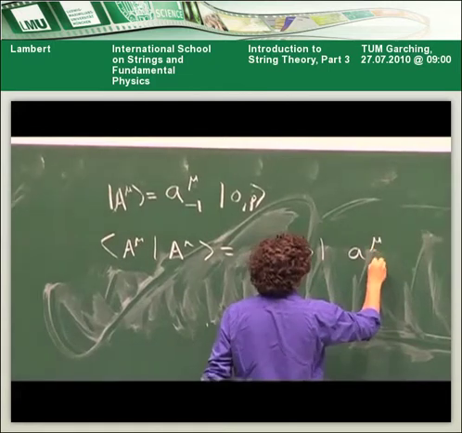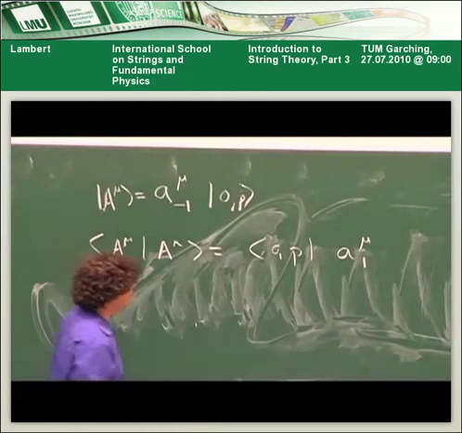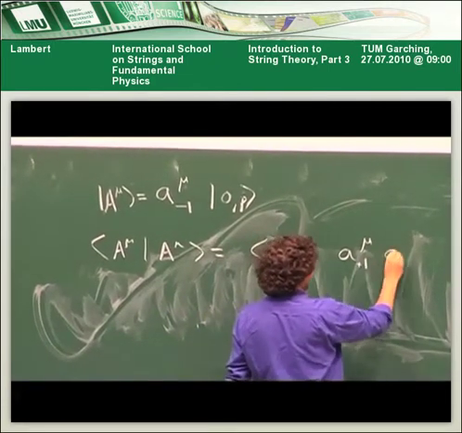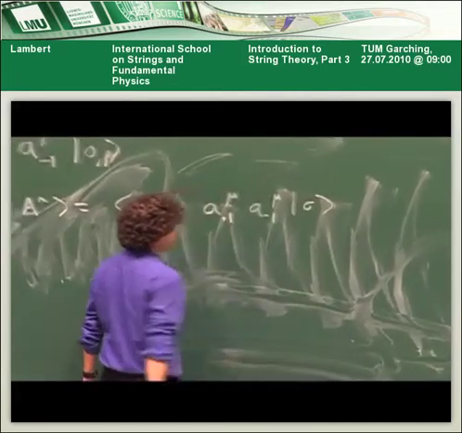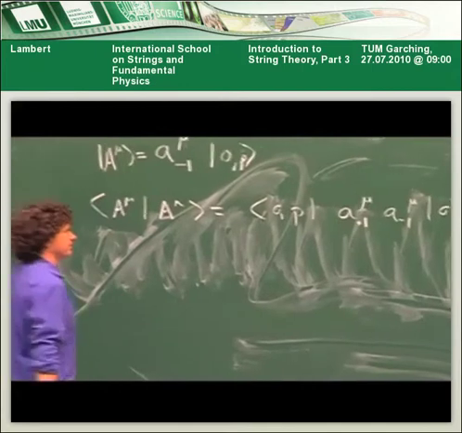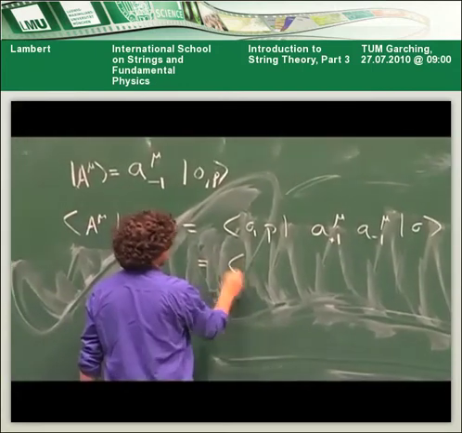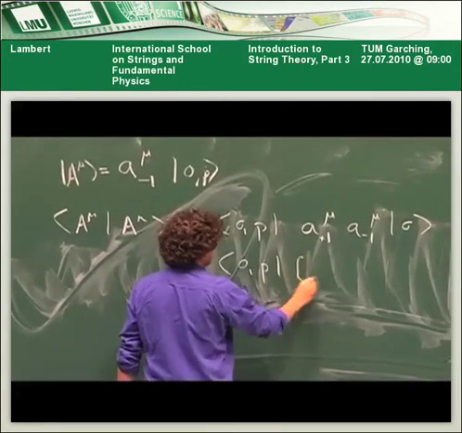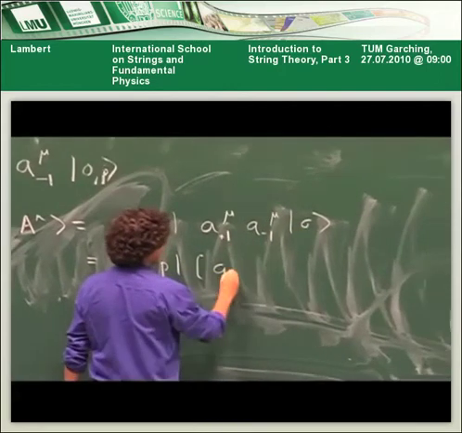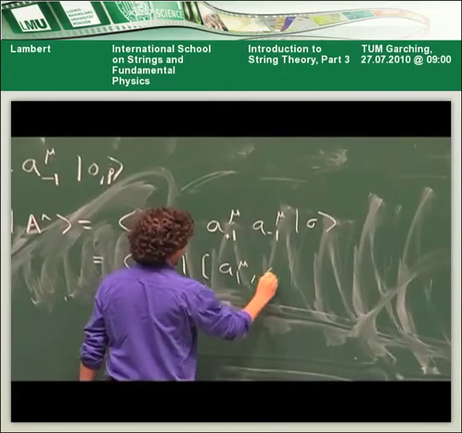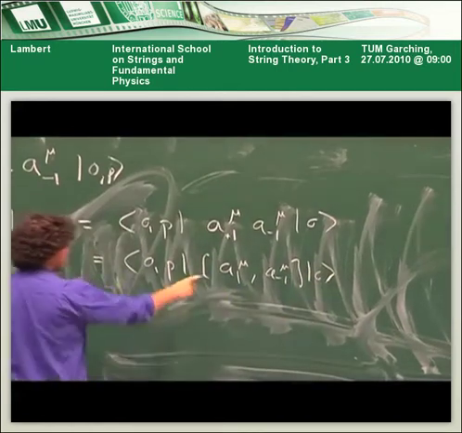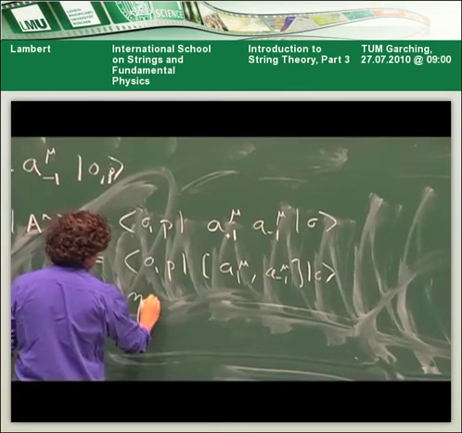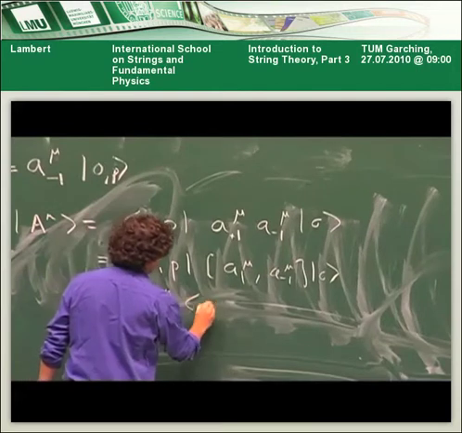There's a dagger here, so that converts that to A plus 1, and then A minus 1. So there's no sum on mu. But I can replace this by the commutator, because this would annihilate the vacuum. But I know what this is. This is eta mu mu times 0p.